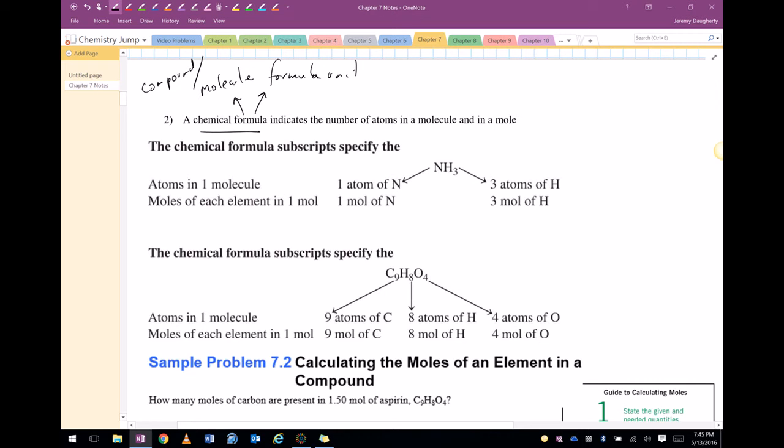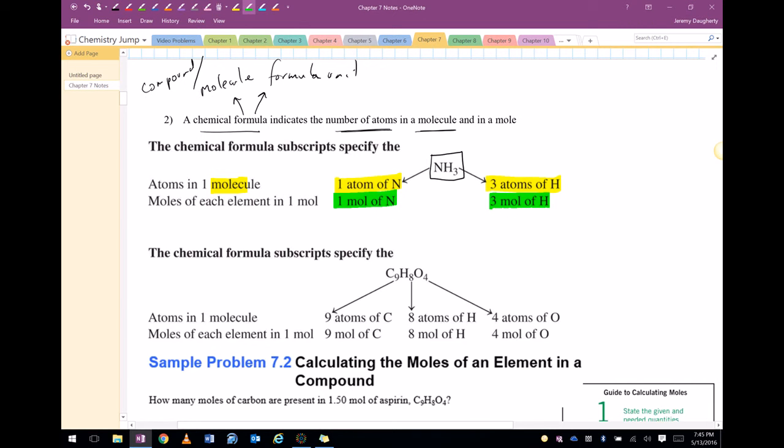So the chemical formula indicates the number of atoms that make up that molecule. For example, NH3 is made up of 1 atom of nitrogen and 3 atoms of hydrogen. That's if I have a molecule. Now, if I have a mole, then it's made up of 1 mole of nitrogen and 3 moles of hydrogen.